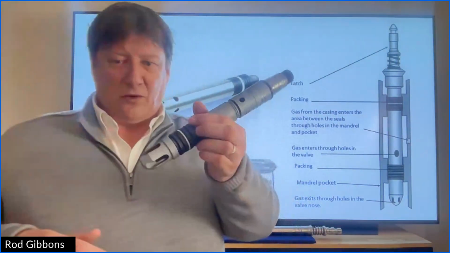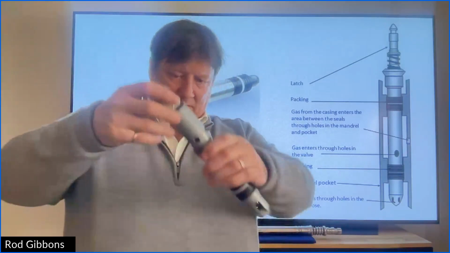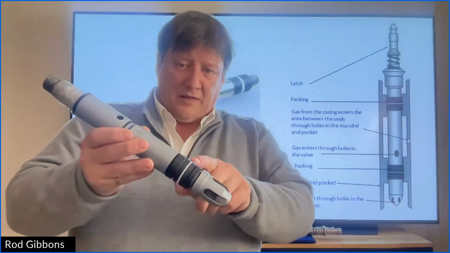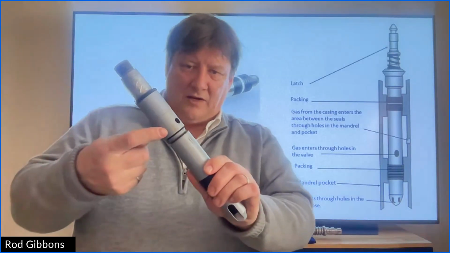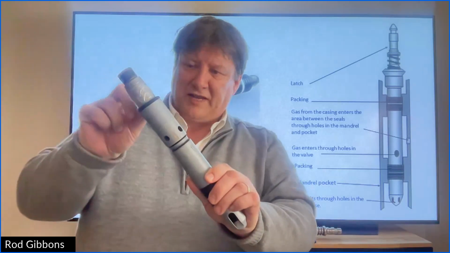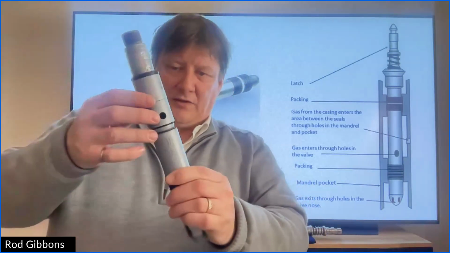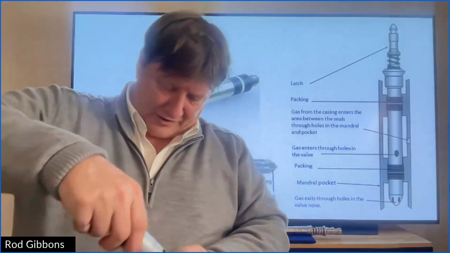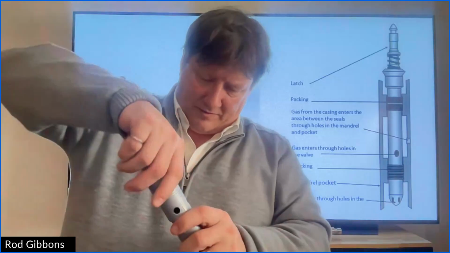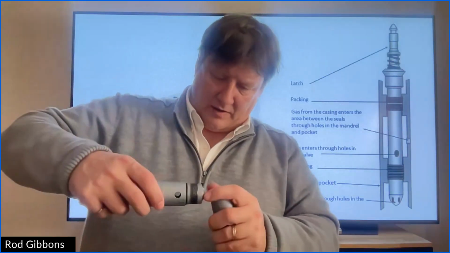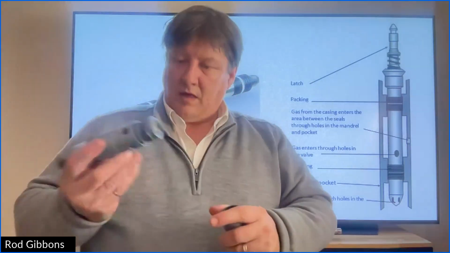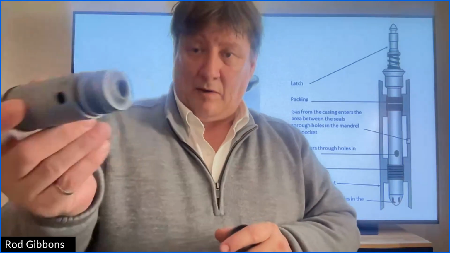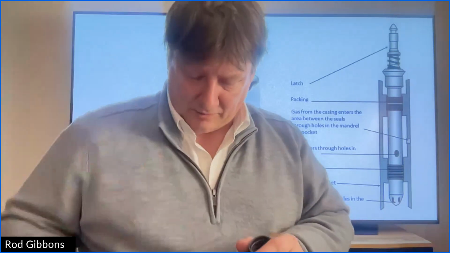Here's an older valve, so you can see this is a different design, but this is the seal stack. Here's the holes, and there would be another seal stack. There's one ring left here. So again, this sits in the mandrel, same sort of way. And then we just have a look inside. Just an orifice, a hole, so the gas goes through there.